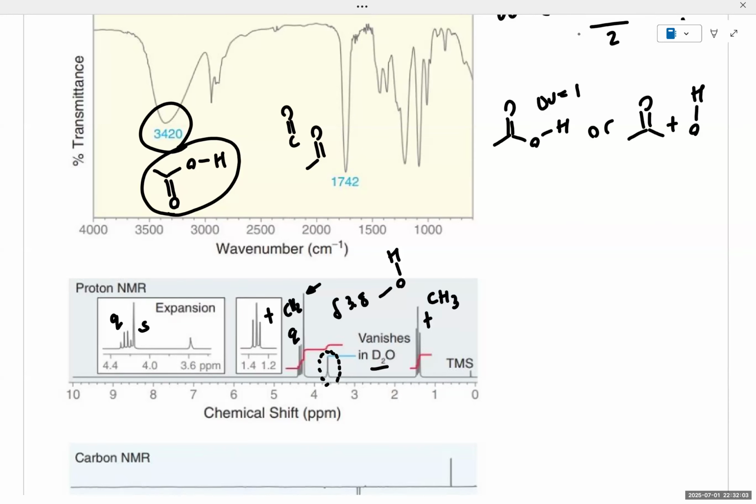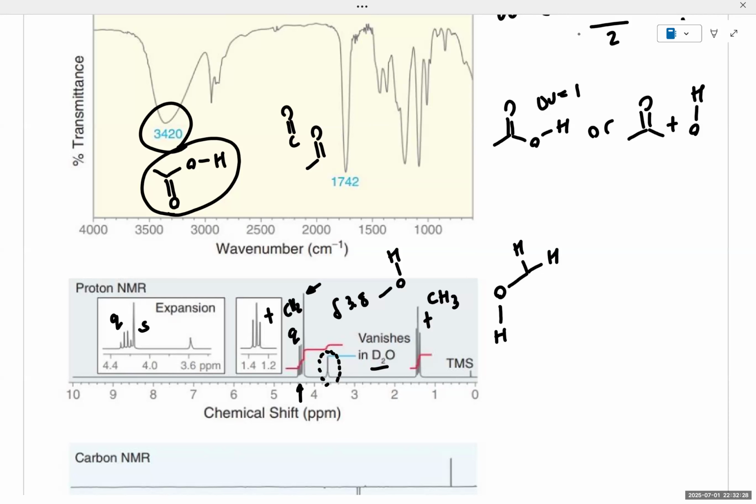This peak that is positioned around 4.5 suggests that we have a CH2 group attached to a carbon that's attached to an oxygen atom. This peak around 3.4 suggests we have an alcohol.